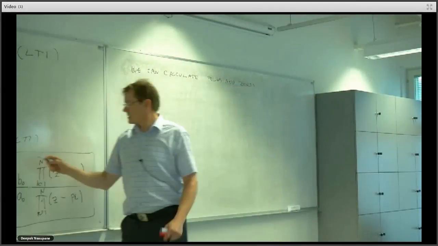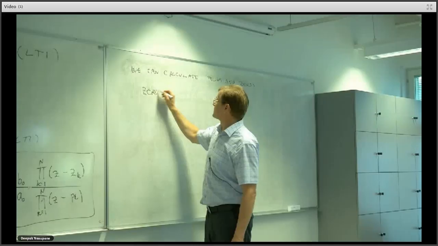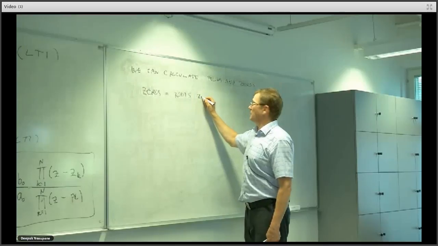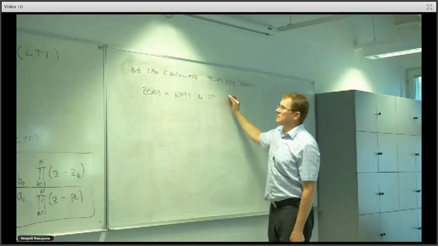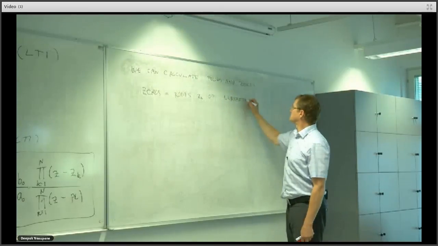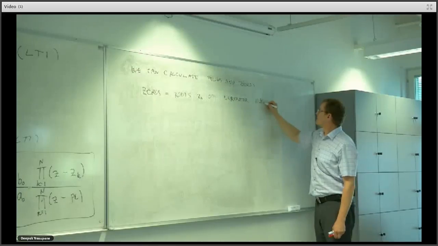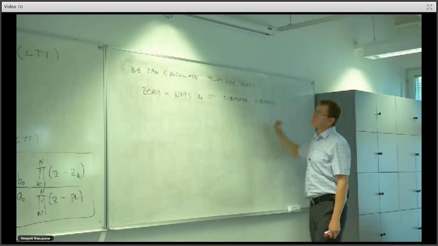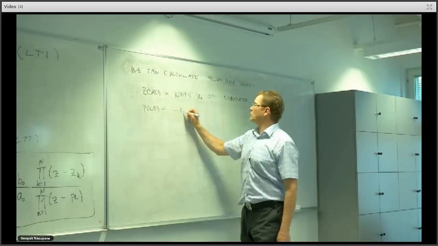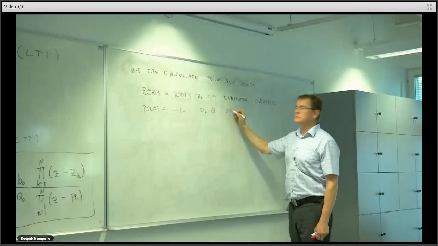The zeros are basically the roots z_k in that formula of the numerator polynomial. And the poles are basically the roots p_k of the denominator, or divisor.